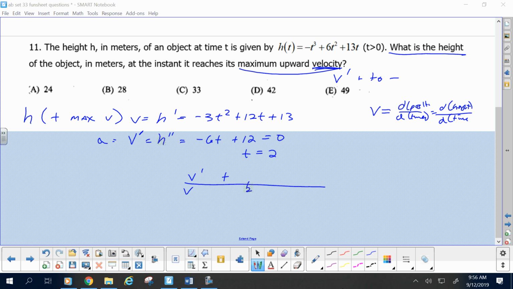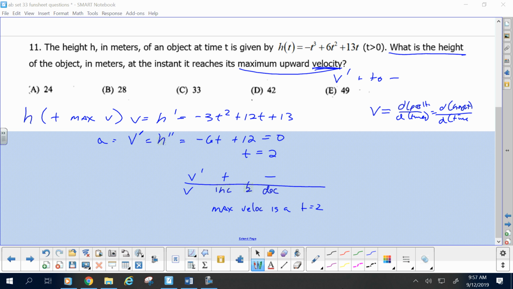Velocity is increasing. After time 2, time 72, time 100, big negative plus a little positive is negative. If v prime is negative, then that means v is decreasing. So did I find when the max velocity is? The max velocity is at t equals 2. You follow?